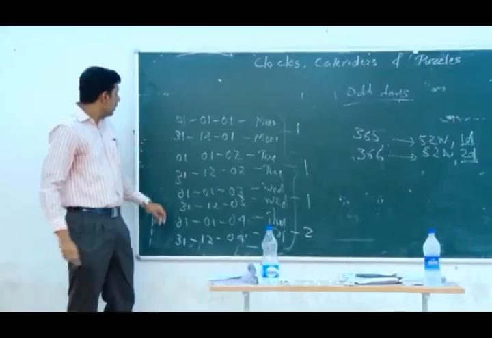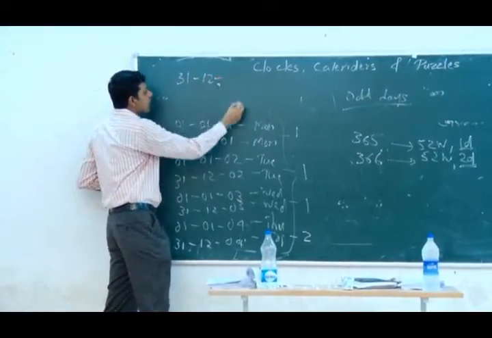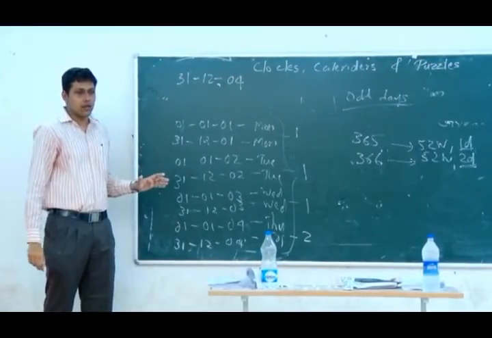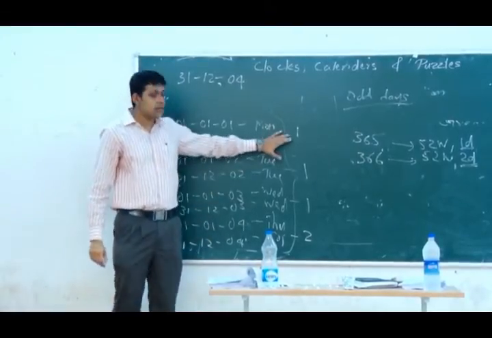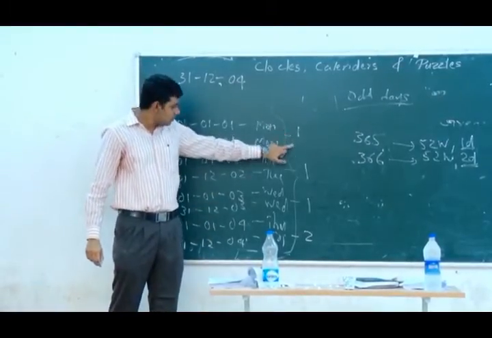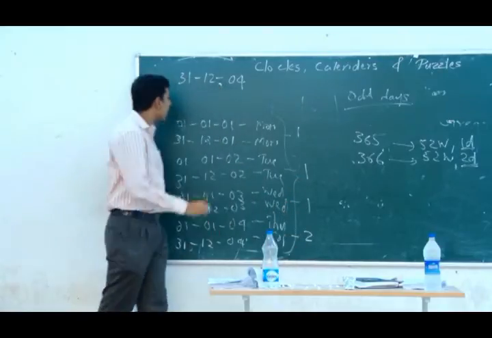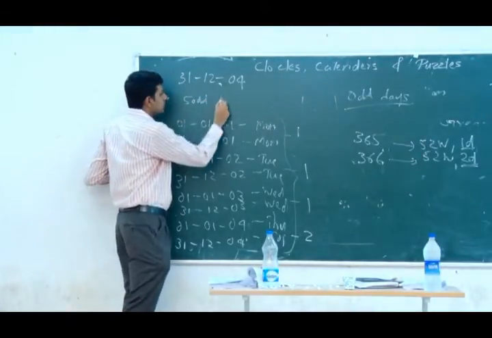Now I'm given the question: I want to find the last day of the 4th year. Instead of doing this, I'll just add the number of odd days. 1, 2, 3 plus 2, that is 5. So by the end of the year, I have 5 odd days.